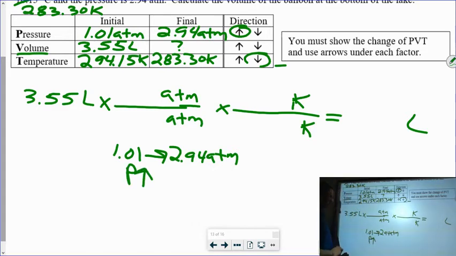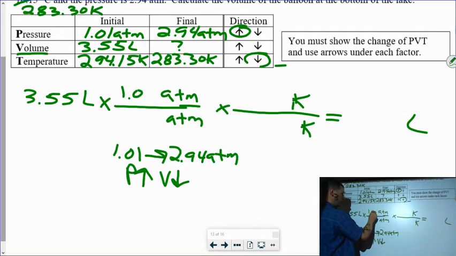If pressure goes up, what happens to volume? Flip to the front side if you need to. Pressure and volume are opposites of each other, or they are inversely proportional, so our volume would go down. So I need to arrange these two numbers so my volume will go down in number. So 1.01 goes on top and 2.94 goes on the bottom.